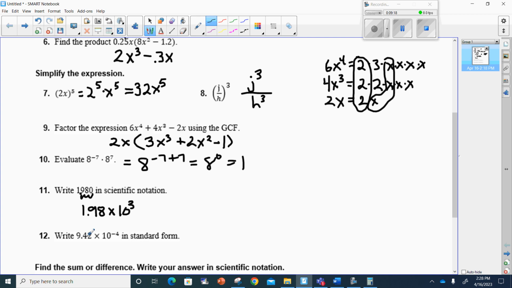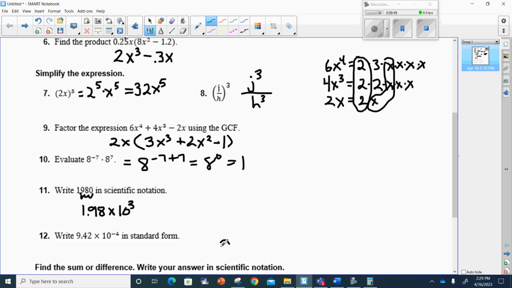It says write 9.42 times 10 to the negative 4 power in standard form. Standard form means the number. So that means I'm going to take this 9.42 and it says negative 4. Remember, when I make this bigger, I'm going to make this number smaller. So in standard form, I'm going to be going back 4.